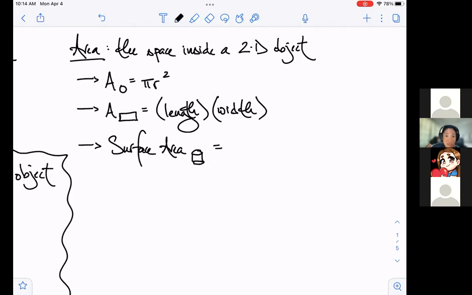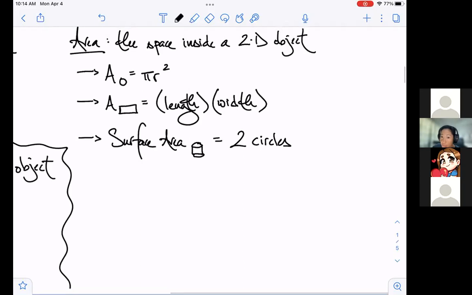If you're thinking about a soup can, a water bottle, any cylindrical shape, you're going to have 2 circles, 1 on the top, 1 on the bottom, plus, if you've ever peeled off the label on a soup can in one piece, you might realize that it's actually just a rectangle, okay?